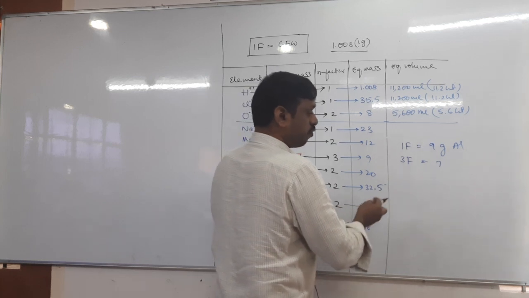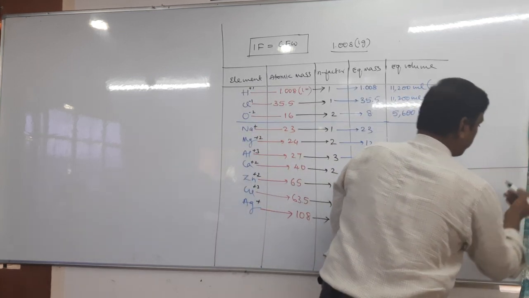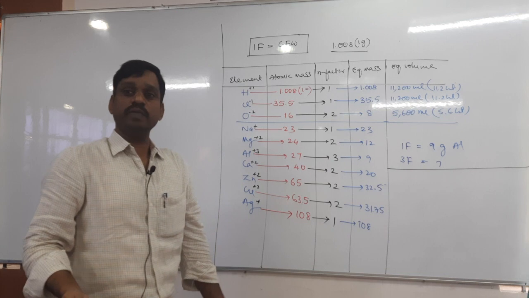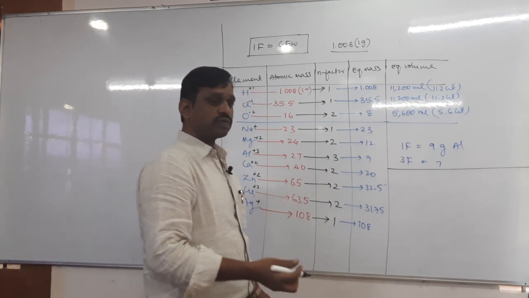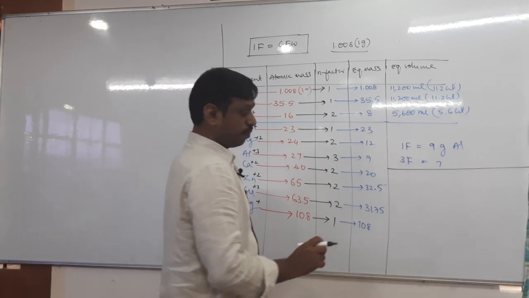Right. So by passing 4 Faraday of electric current, what is the volume of hydrogen and the volume of oxygen liberated? Tell me, so what is the volume?